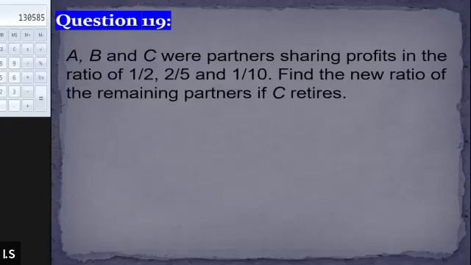We need to find out the new ratio of the remaining partners if C retires. Could you please tell me the new ratio of the partners after the retirement of C?